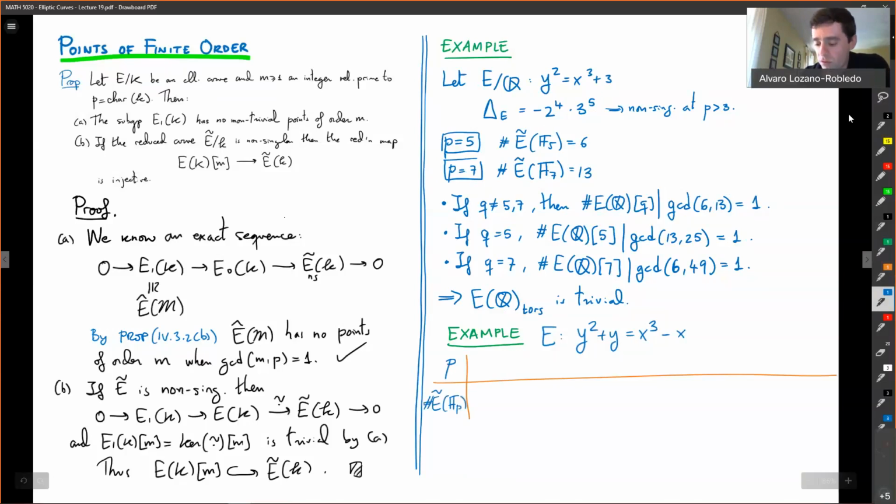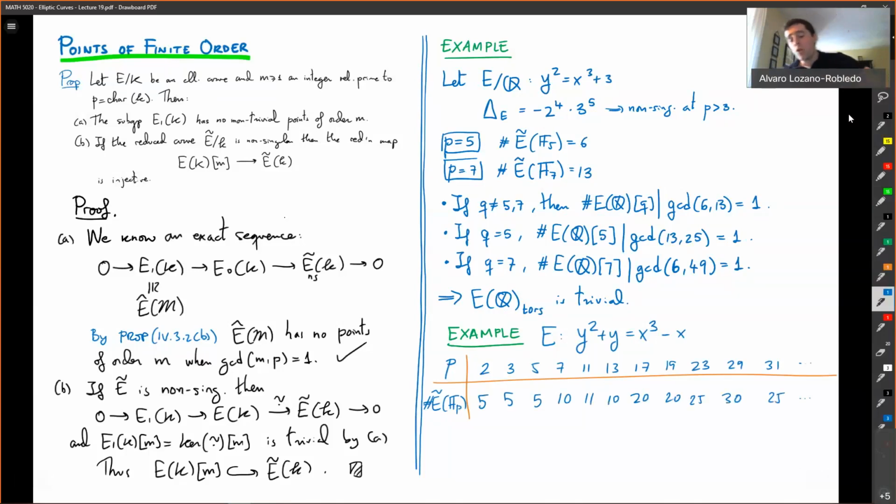So I have the primes 2, 3, 5, 7, 11, 13, 17, 19, 23, 29, 31, and I computed the number of points ahead of time, and what I get is 5, 5, 5, 10, 11, 10, 20, 20, 25, 30, 25, etc.